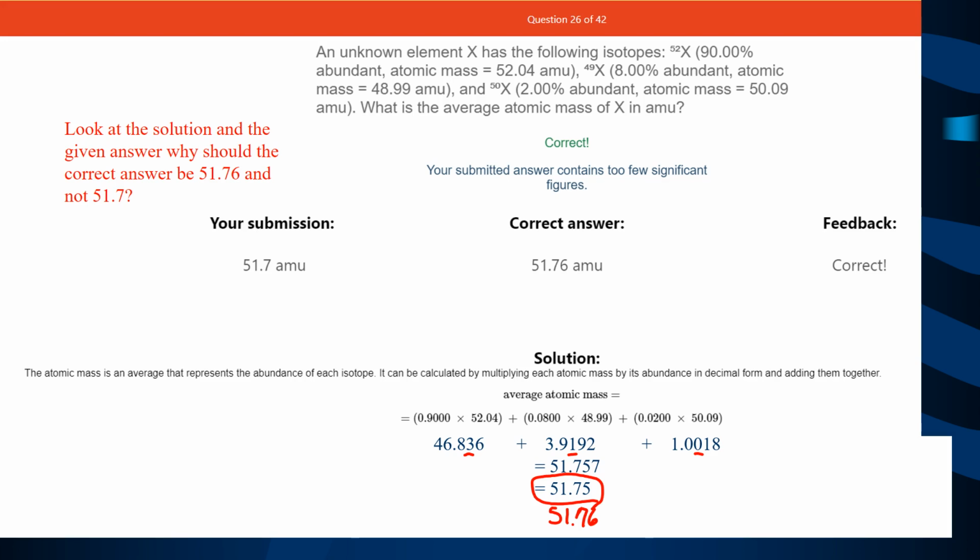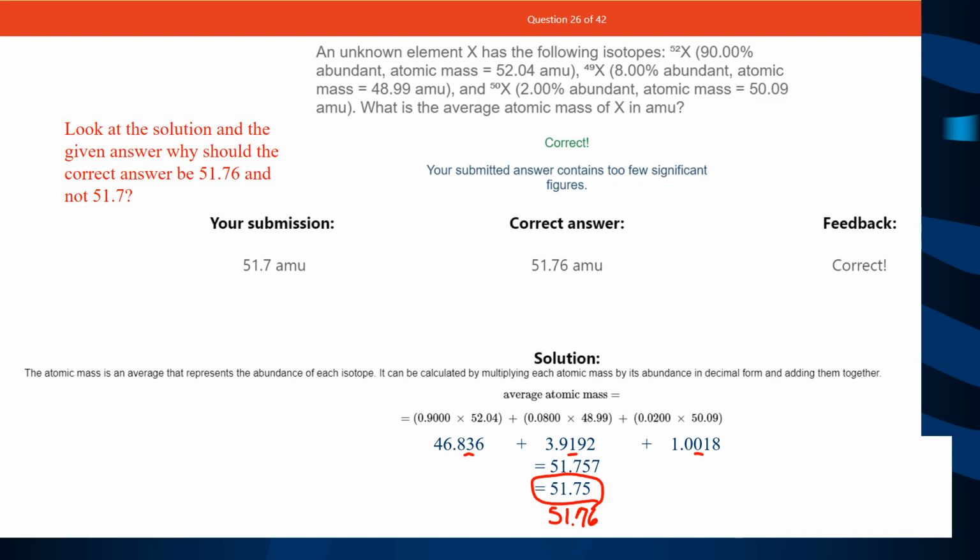Don't overthink it, but I really want you to pay attention to what's going on, especially when you have multiplication, division in a problem, and then at the end you have addition, subtraction. Or if you start with addition, subtraction, then go to multiplication, division. I recommend not trying to work it all out as one problem and then figure out the sig figs at the end. I recommend doing it piece by piece. That way you can see where your answers are supposed to be.